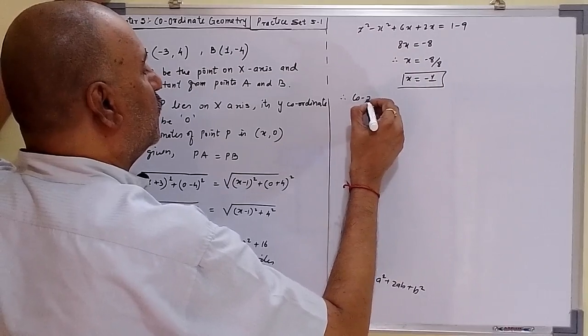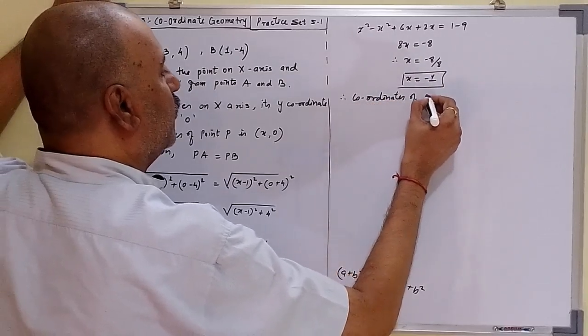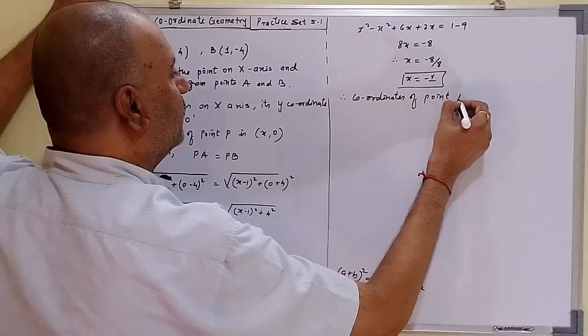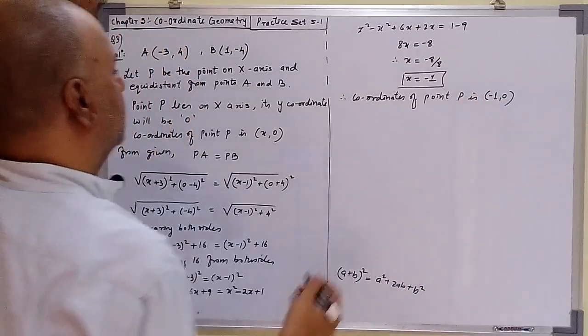Therefore coordinates of point P is -1, 0.